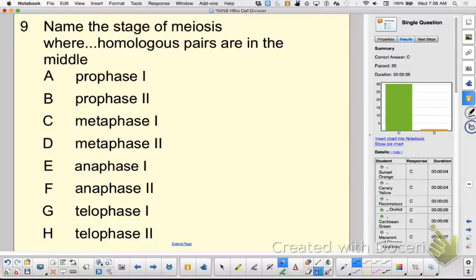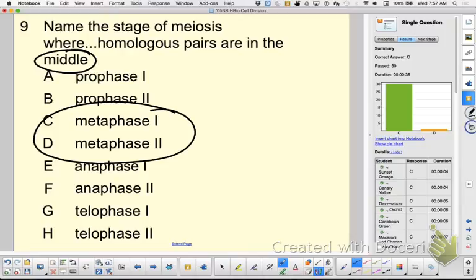Okay, so if it says homologous pairs, the key word I would have gone with is middle. If there's middle, I know I'm talking about a metaphase, either metaphase 1 or metaphase 2. I only have the homologous pairs in metaphase 1.